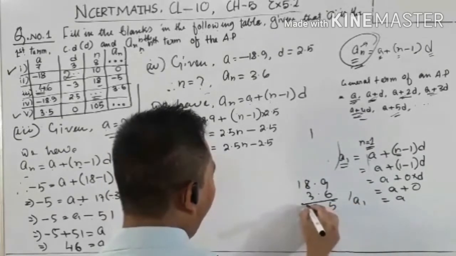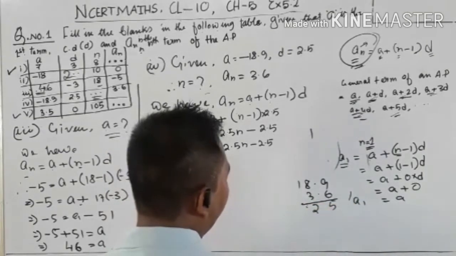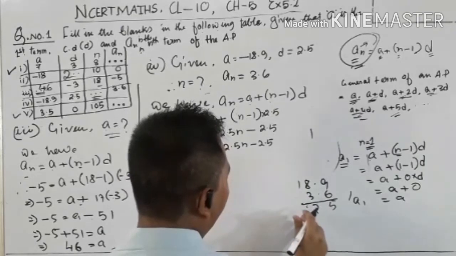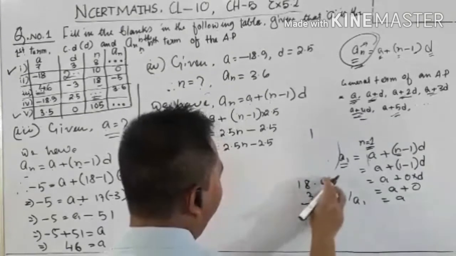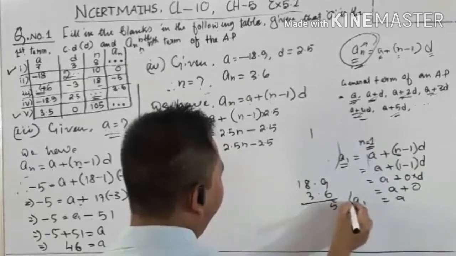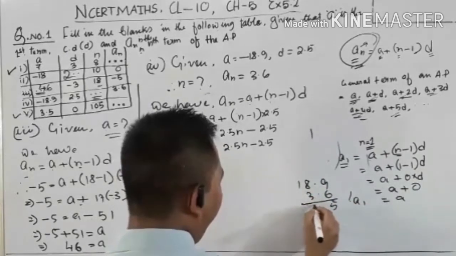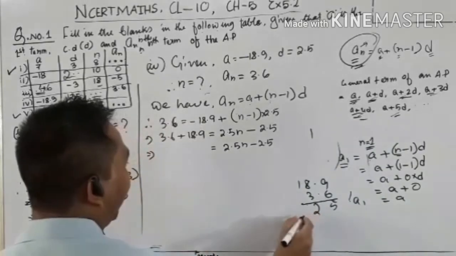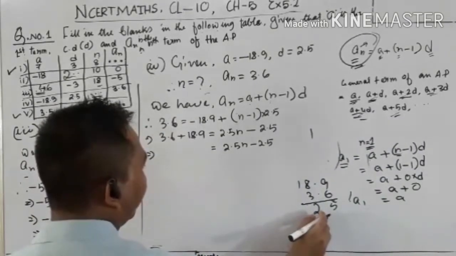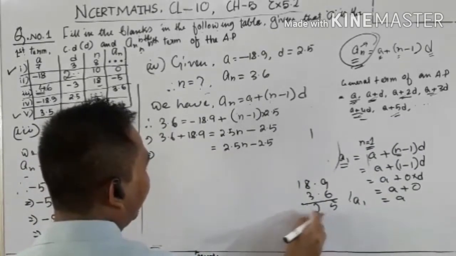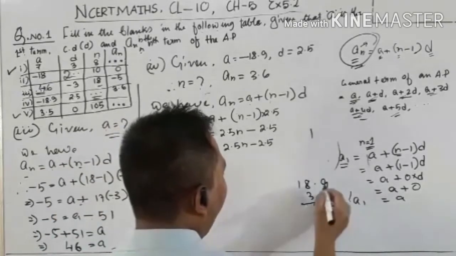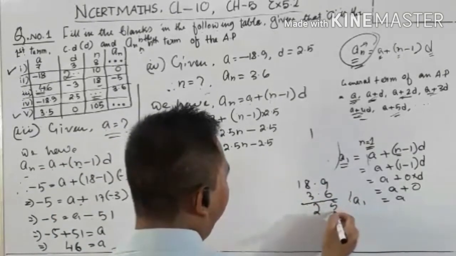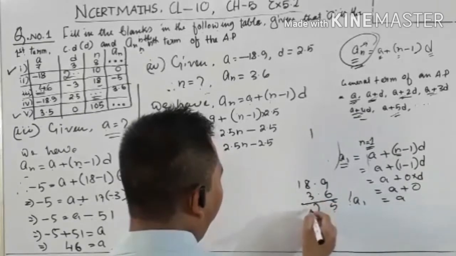So it will be how much? 9 plus 6, 5, 1 in hand. 8 plus 3, that is 2. It will be 22.5.